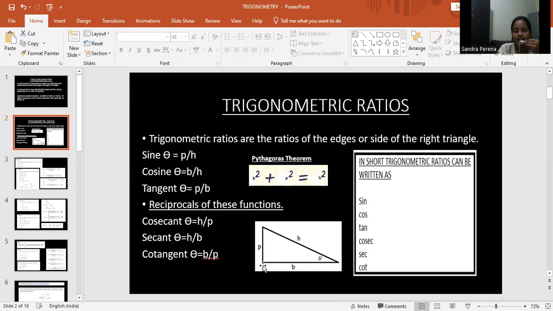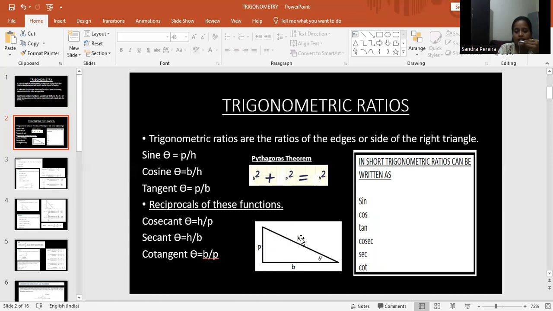Right angle triangle, you know, that is one angle 90 degrees. And here we used angle theta. This is the perpendicular, we mentioned it as P. And this is the baseline, it is marked as B. Now this is the hypotenuse.